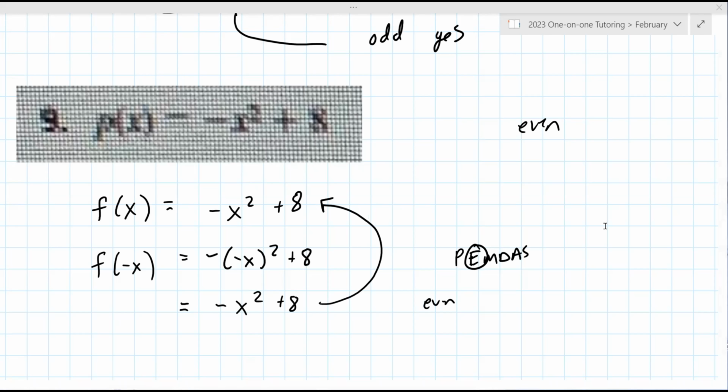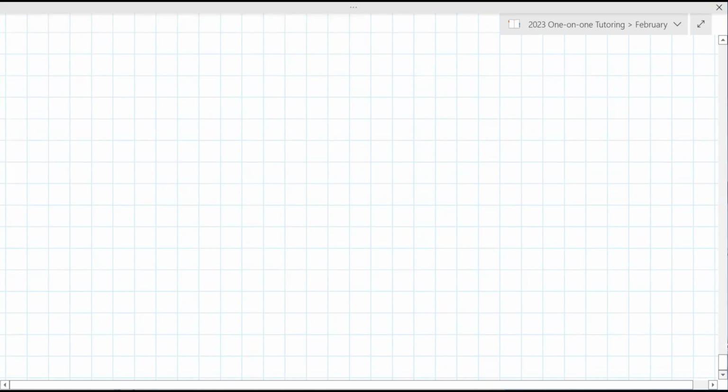Let me give you another one here, because they're just not giving you ones like this. Let's say f of x equals 4 minus 5x to the 4th plus 4x squared. I want you to tell me if this is even, odd, or neither.